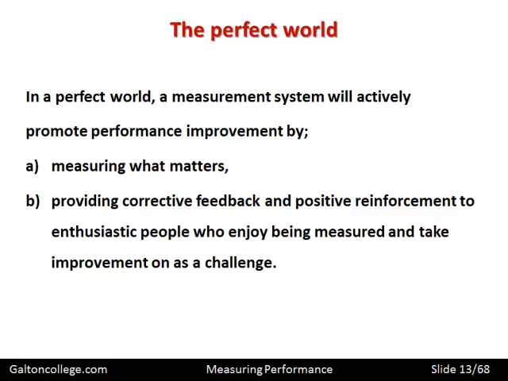So, in the perfect world, people will measure what matters. Sometimes measurement seems to be conducted for the sake of measurement, and that's a waste of resource and can be very counterproductive, can alienate people. It's important just to measure precisely what needs to be measured.